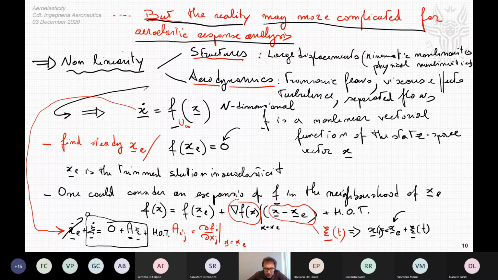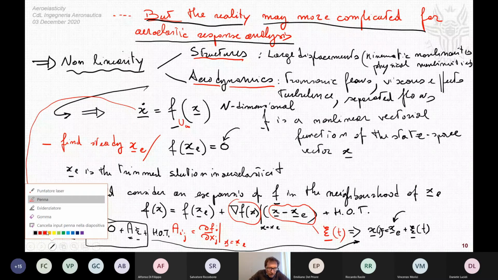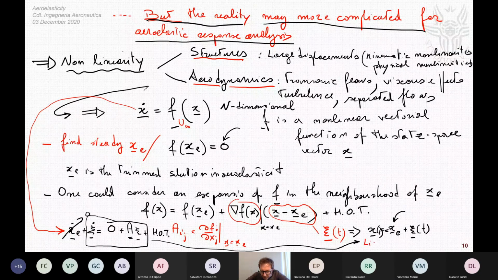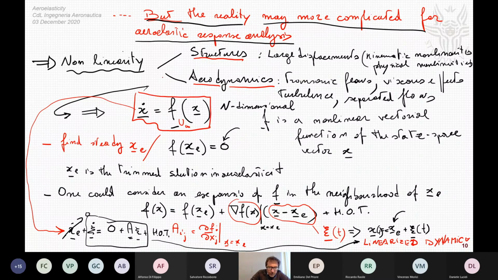This is the so-called linearized dynamics. This is my linearized dynamic in the neighborhood of an equilibrium solution, the linearized dynamic of my system. And this is the full dynamic as described with all the nonlinear terms included, the full nonlinear dynamics.